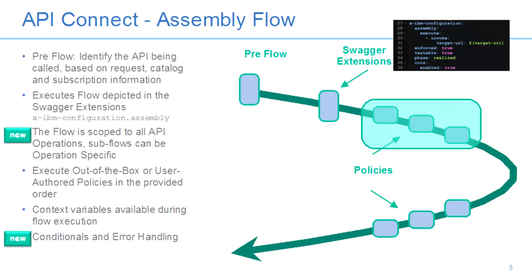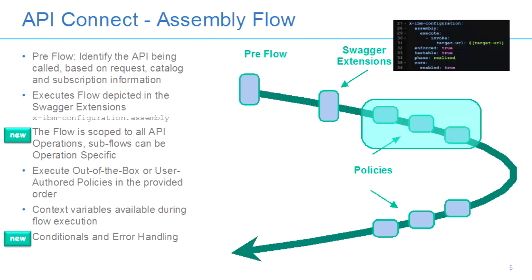You just code the one flow, and if you do need to take operation-specific actions, you can always enter some flows using the operation switch capability in the flow that we're going to talk about very shortly.